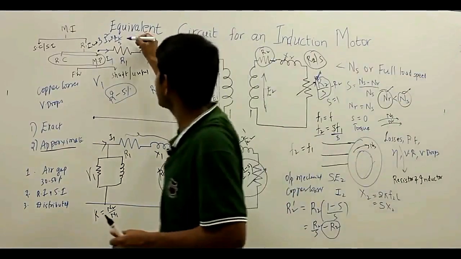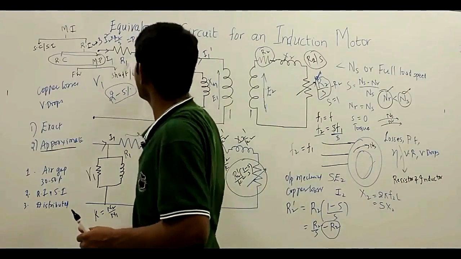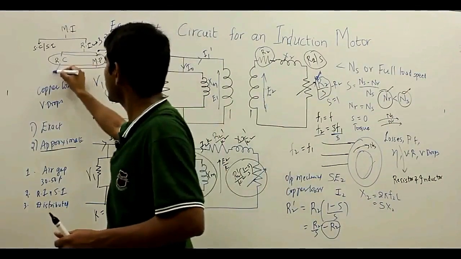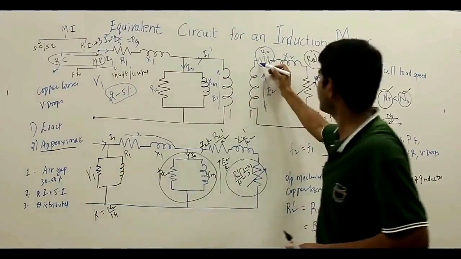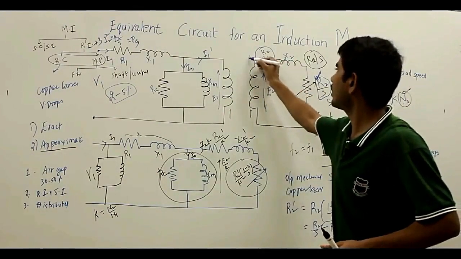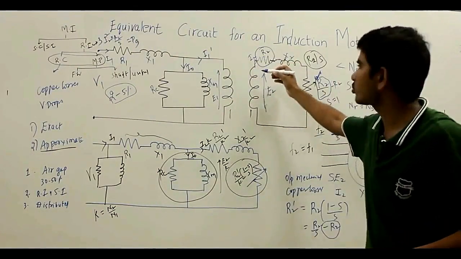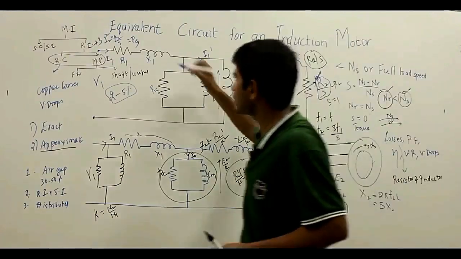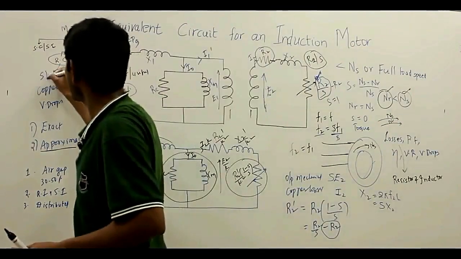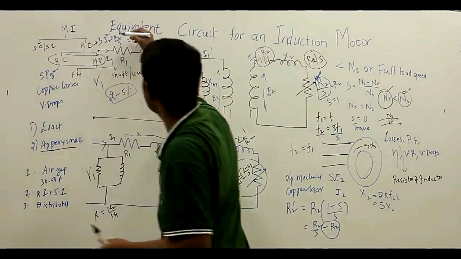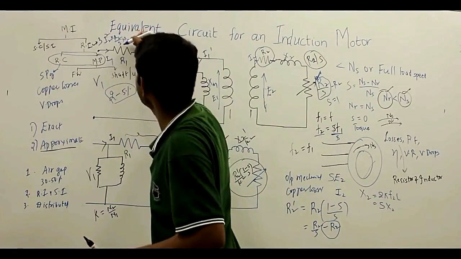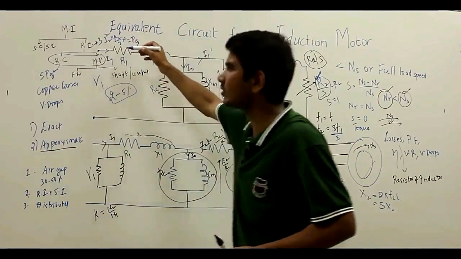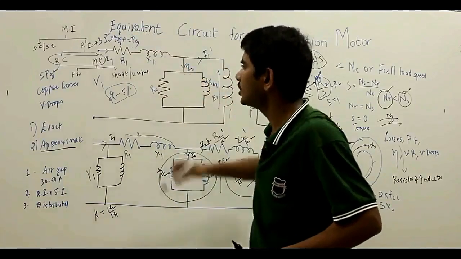If I say this is my P generated, your rotor copper losses will be equal to 3 into I2 square into R2, which is nothing but S into PG.